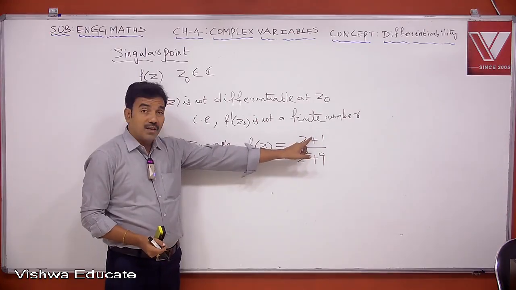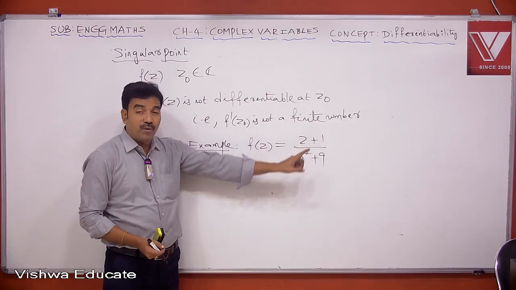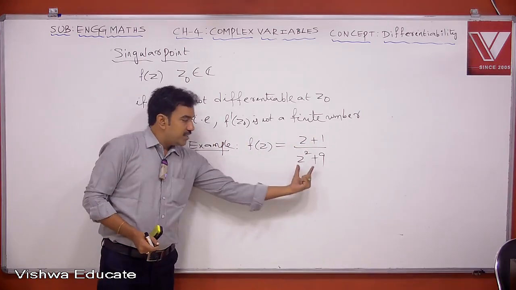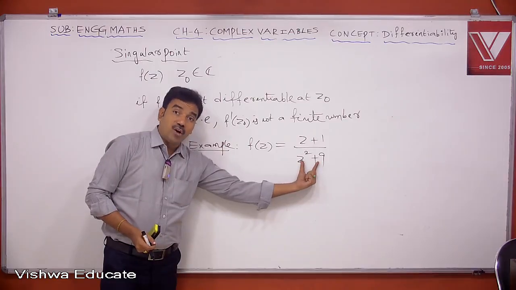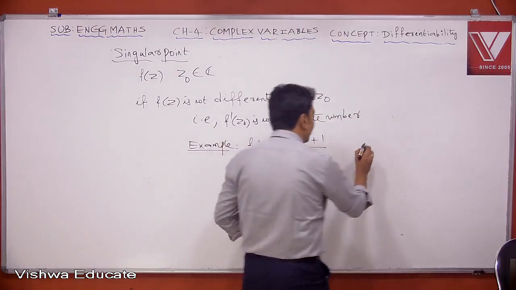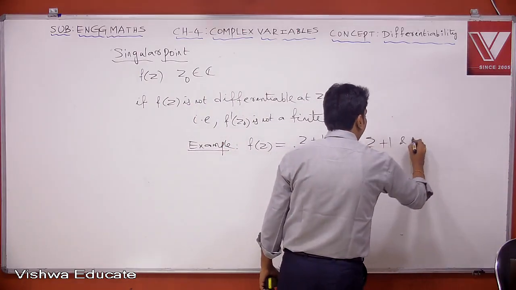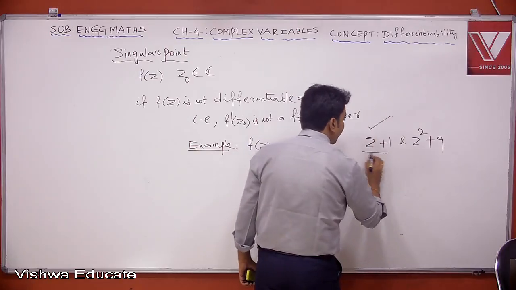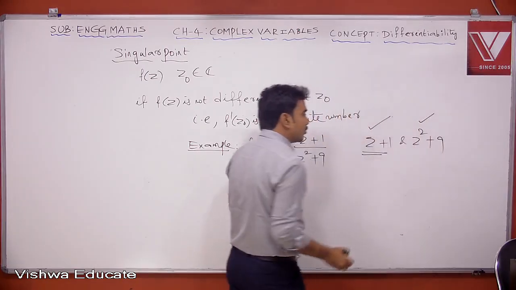All polynomials are differentiable at all points. Therefore, a single polynomial has no singular points. The denominator, z square plus 9, is a second degree polynomial, so also no singular points. But it is a ratio of two functions.